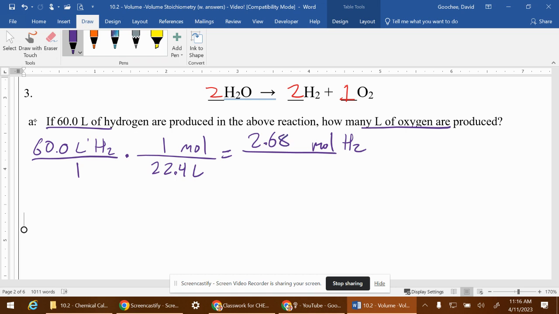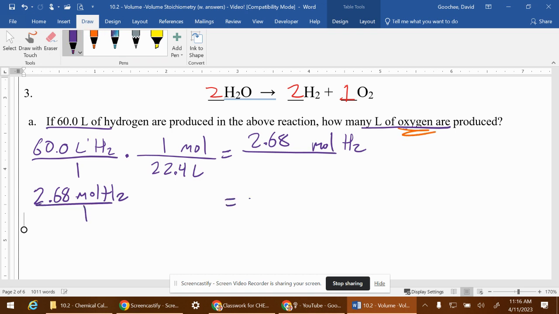The next step is we take our moles of hydrogen, 2.68 moles of hydrogen, and we've got to figure out how many moles of oxygen that is going to also produce.